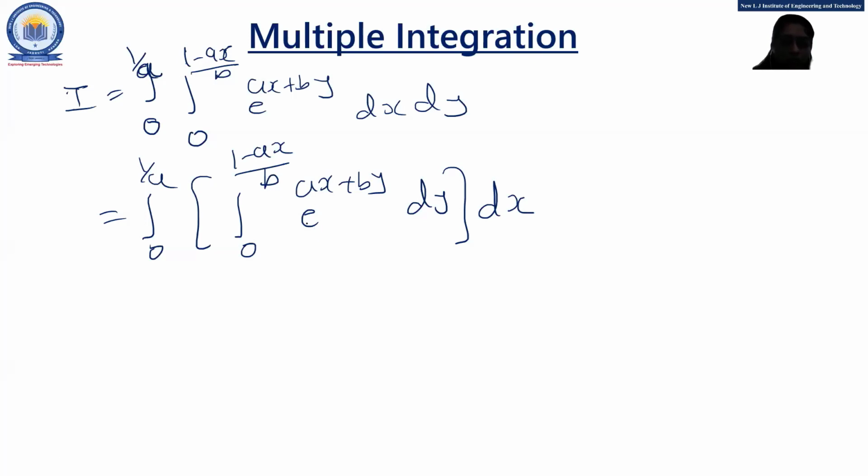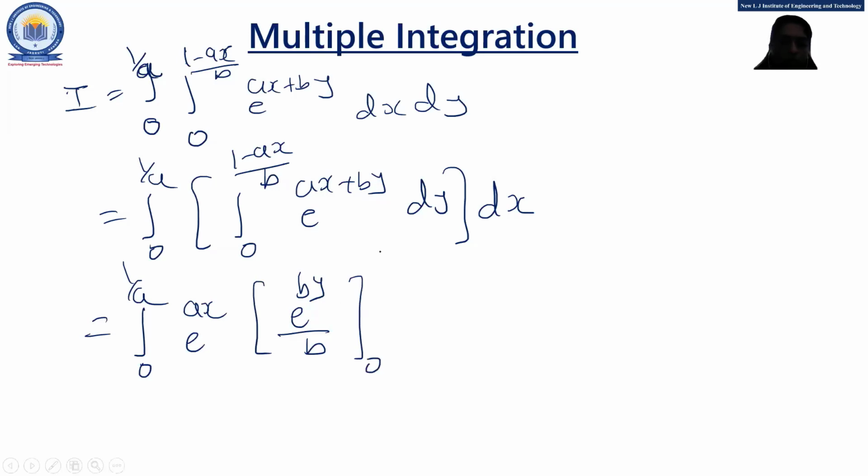For the integration of e^(ax + by), if I separate it, e^(ax) times e^(by), at that time e^(ax) is constant. So putting 0 to 1/a outside, e^(ax) stays outside the inner integral, and the integration of e^(by) is e^(by)/b, with limits 0 to (1 - ax)/b, dx.